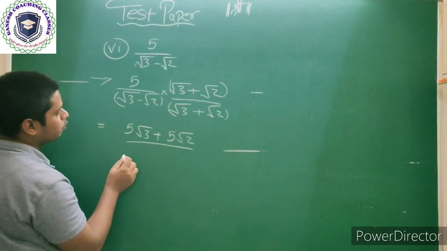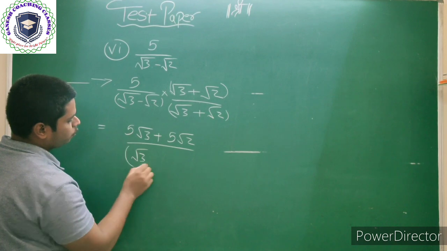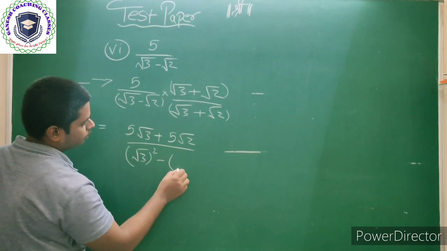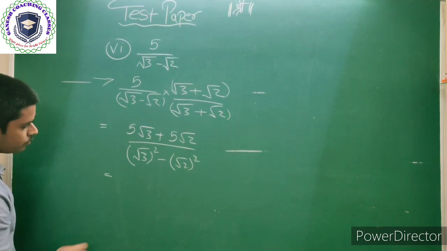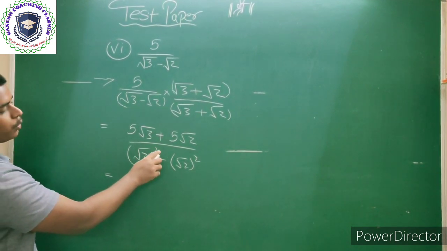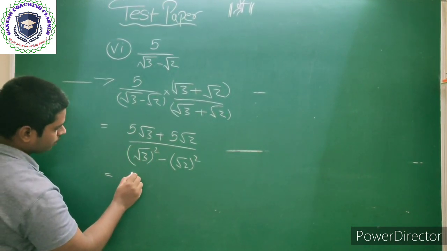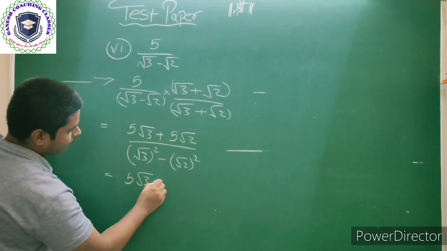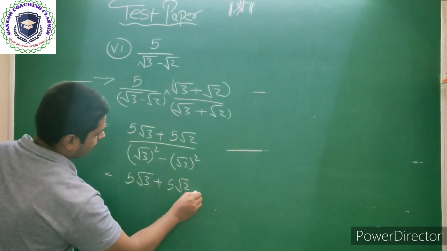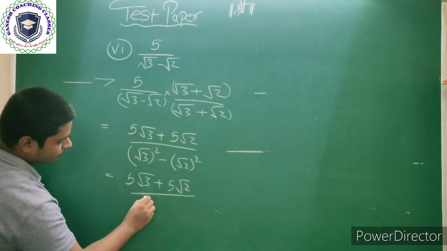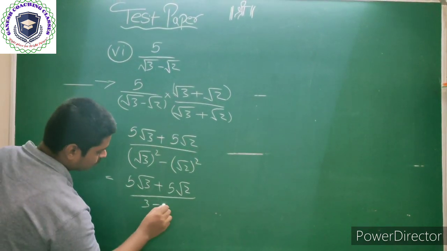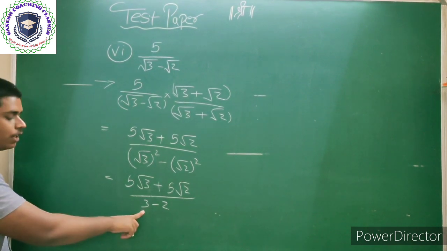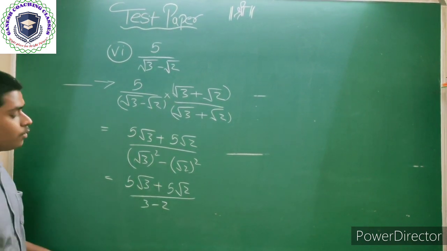Here a is root 3, so root 3 square minus root 2 square. So what is the value of root 3 square? That is 3. The numerator will be written as it is, and root 3 square is 3, and root 2 square is 2. So in the denominator we are getting 3 minus 2, that is only 1.